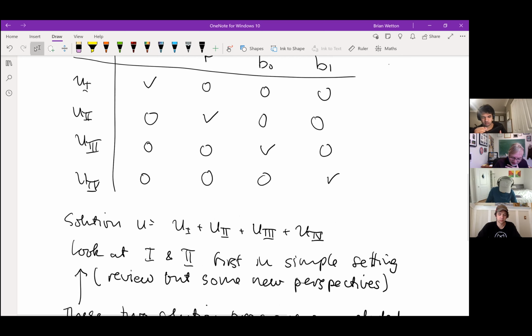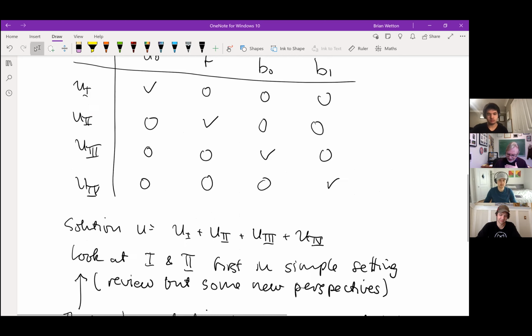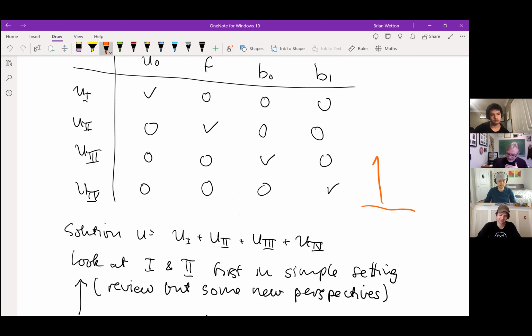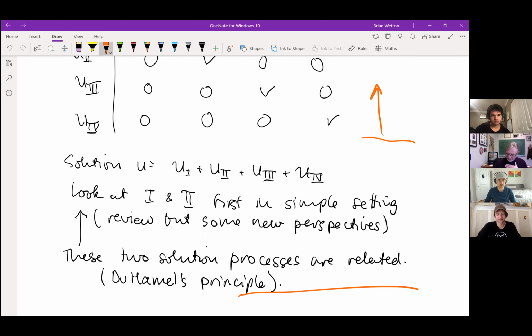Now, maybe I should get a red pen and say all of this stuff, dividing things up into these subproblems and this DuHamel's principle, this is only for linear problems, right? Well, okay.